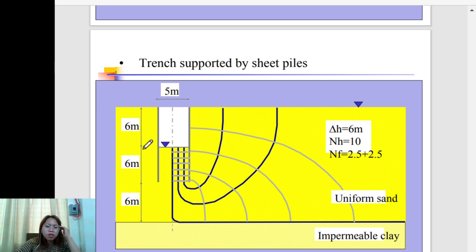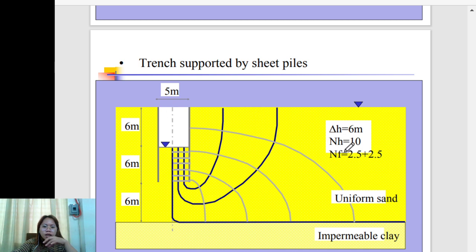Yes, there is inflow, then it goes here. So the difference of the height of the water, that is delta H, 6 meters, no? Because this is water and this is water, no? So the water level difference is 6 meters.